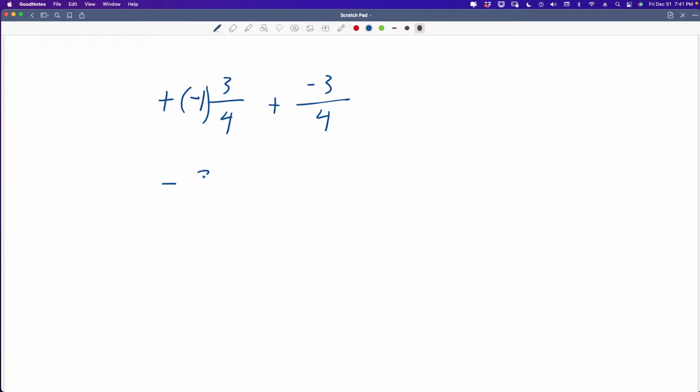Instead of seeing this, what we should be seeing is this. So then that allows us to say that it is plus a negative 3 over 4, because we always put the negative in the numerator, not the denominator.